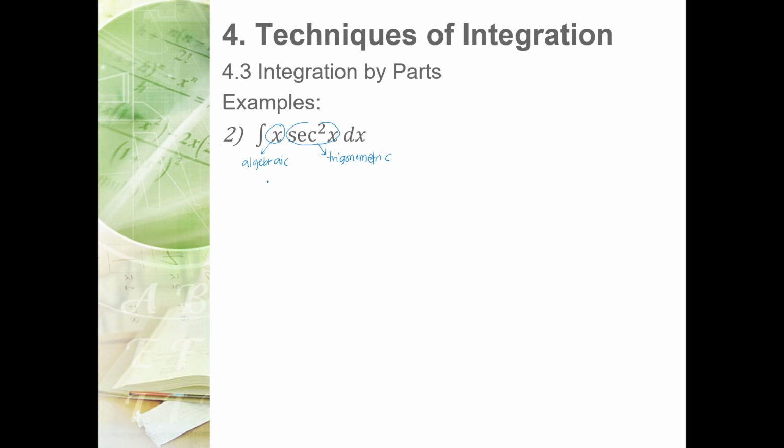So again, we try to get u and dv. The u parameter is x since it's simple. Then this one is complicated, trigonometric, secant squared x dx. So take note it's complicated and it's possible to integrate, diba? Because we have an integral for secant squared x.